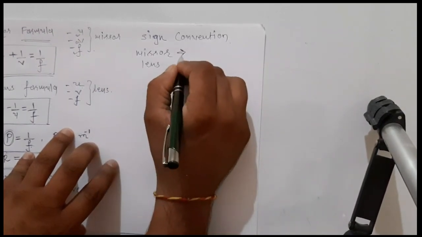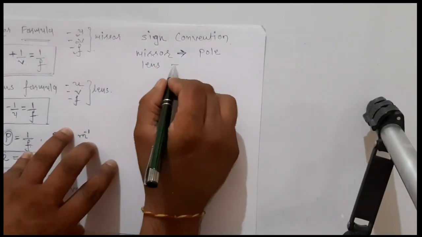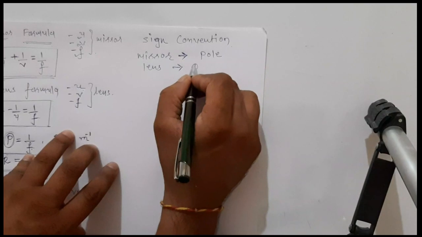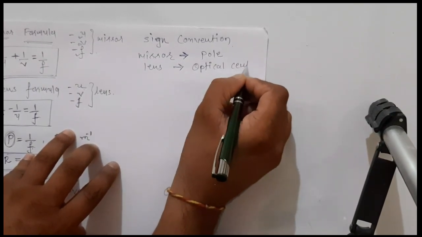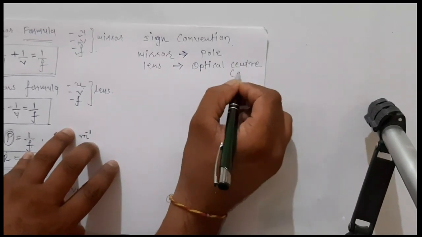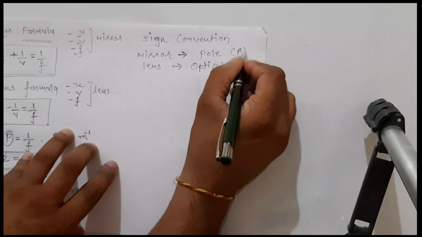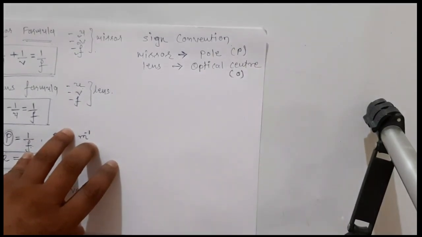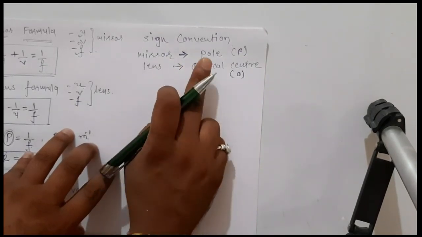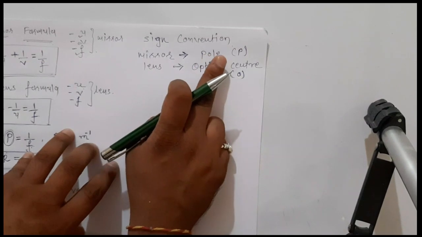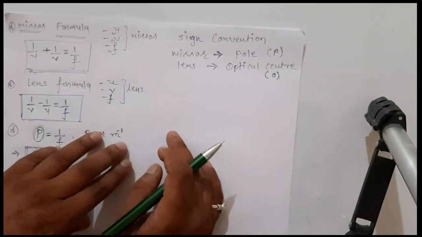For a mirror, all of the distances are considered from the pole P, and for a lens all of the distances are considered from the optical center O. Means the origin, if we have a mirror, will be at the pole P, and if we have a lens, it will be at the optical center.